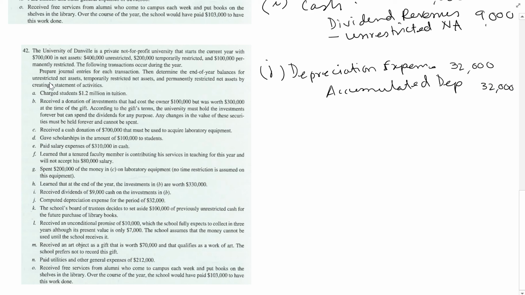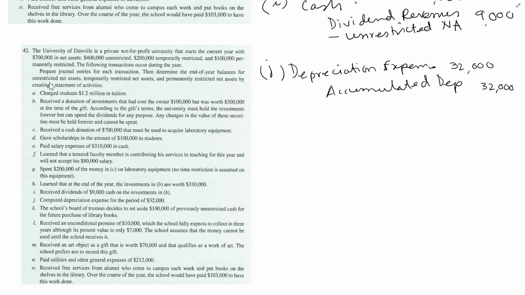Now the next one, number K. The school's board of trustees decided to set aside $100,000 of previously unrestricted cash for the future purchase of library books. Well, it apparently seems that they are kind of saving $100,000 for purchasing the books, so it seems kind of temporarily restricted.